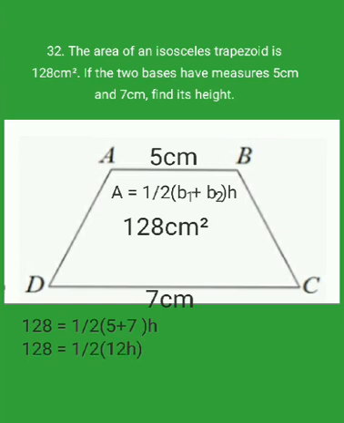Then, 128 is equal to 6h. h is equal to 64 over 3. Therefore, the height of the isosceles trapezoid is equal to 64 over 3 centimeters.